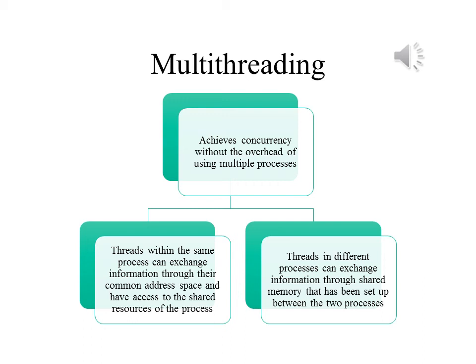Threads within the same process can exchange information through their common address space and have access to the shared resources of the process. Threads in different processes can exchange information through shared memory that has been set up between the two processes. An object-oriented multi-thread process is an efficient means of implementing a server application. For example, one server process can serve a number of clients concurrently.